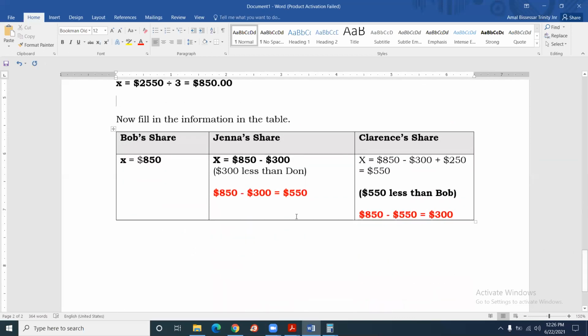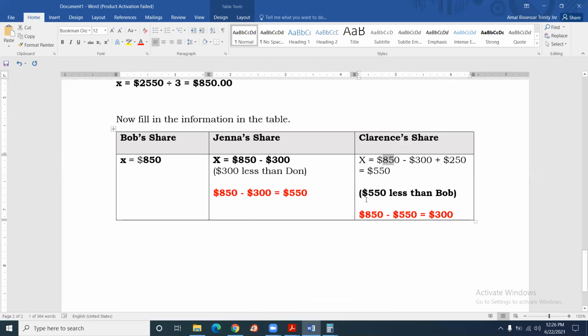So Bob was on x by himself, 850. Jenna is x, which is 850, but you have to subtract 300. Which means Jenna is down to 550.